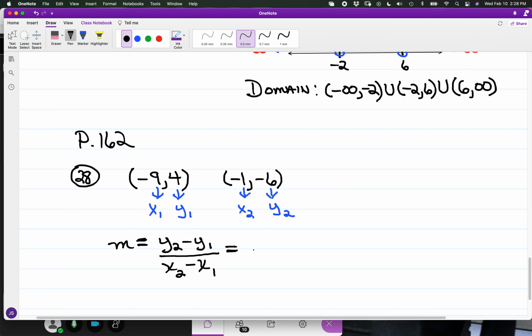Now specifying just what the inputs will be. For y2, that corresponds to -6, and we subtract y1, which is 4. For x2 minus x1, x2 we have at -1, subtracting x1, which we have at -9.